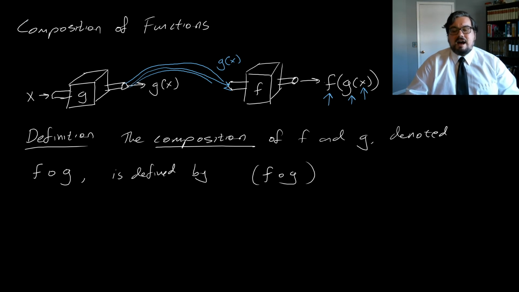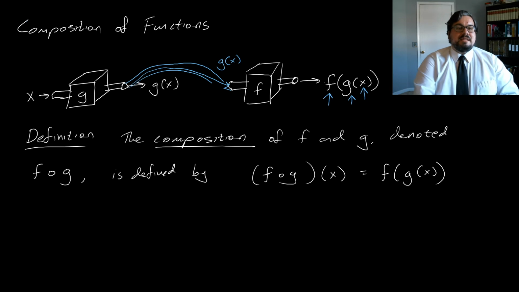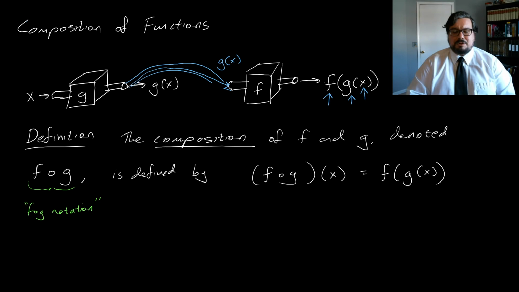If I look at the composition f of g and I apply it to x, that's going to give me f of g of x. This notation is sometimes known as fog notation, as in the word fog, because it sort of looks that way.